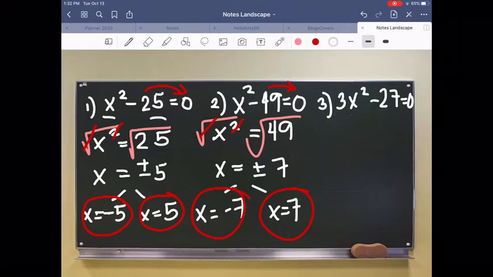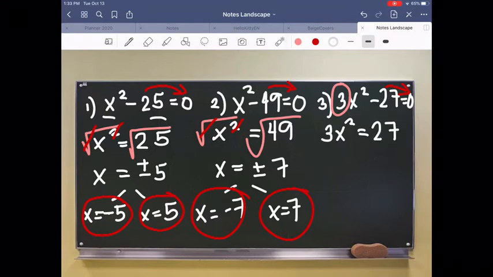The first thing you notice in number 3, why is it different from numbers 1 and 2? In ax squared plus bx plus c equals 0, our a is not 1. Here we have 3. So how do we do that? Let's find out. The first thing we do, again, is transpose negative 27 to the other side. So we write 3x squared equals 27.